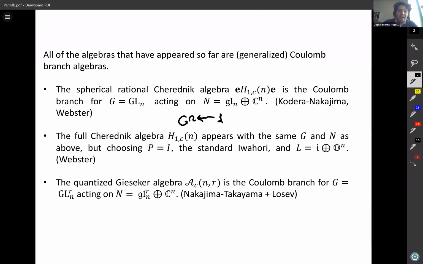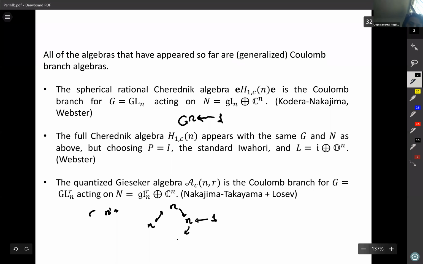And the quantization algebra is also a BFN Coulomb branch, where now I take GL_N to the R acting on this vector space in a way that we get the representation space of the following quiver. So here I have R many N's, and framing, which is 1.